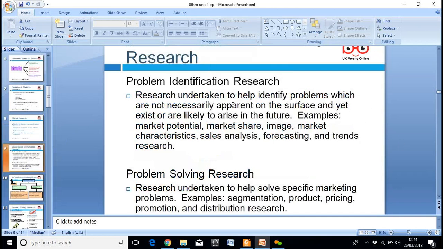So research is undertaken to help identify problems which are not necessarily apparent on the surface. I can give you an example of that. It's looking at market potential, market share, image, market characteristics, sales analysis, forecasting and trends research. But a simpler example, one of the problems that cropped up recently was internet buying and how you market things on the internet.